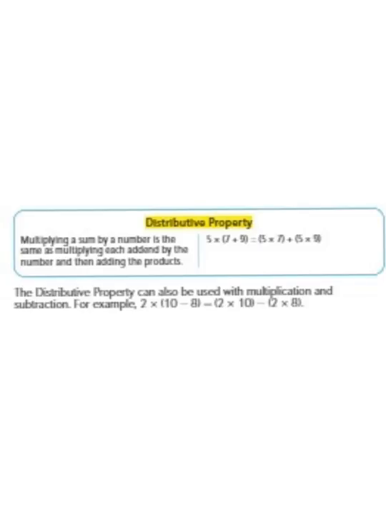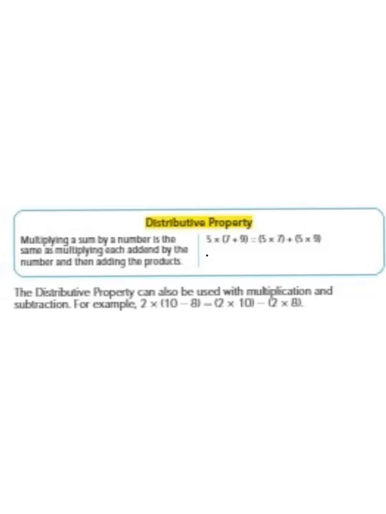Now we look at another property of operations, and that is the distributive property. Multiplying a sum by a number is the same as multiplying each addend by the number and then adding the products. For example, if we look over here, we see 5 times 7 plus 9 equals 5 times 7 plus 5 times 9.